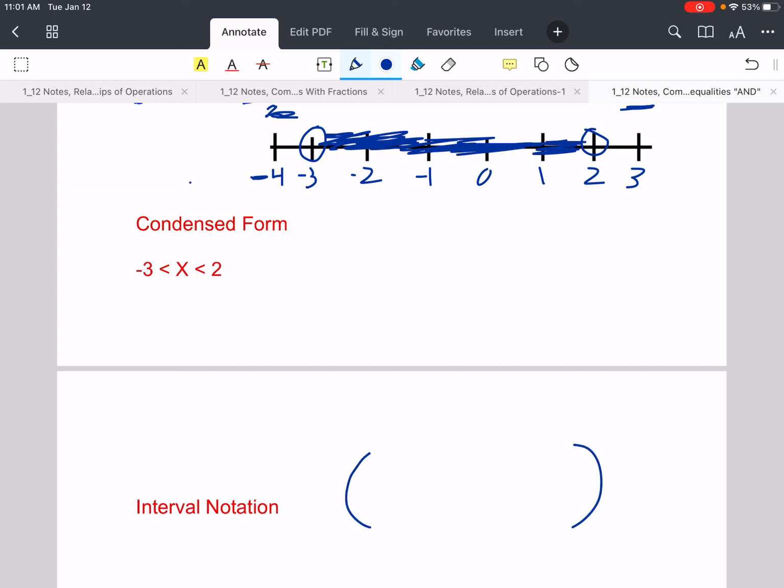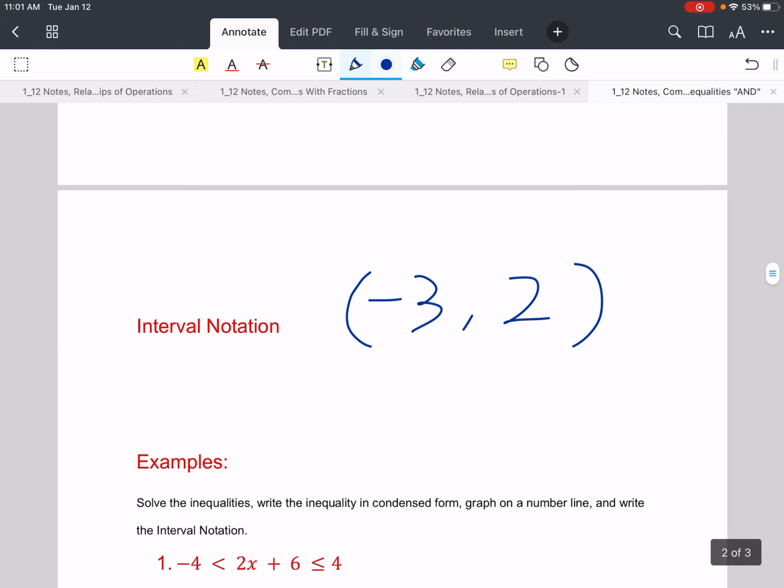So our numbers have to fall in the range of -3 to +2. So we don't go to negative or positive infinity if your inequality has "and." On future assignments, you'll have to figure out if it's an "and" or an "or" problem, but today you should have all "and" problems, unless I made a big mistake, which hopefully I didn't.